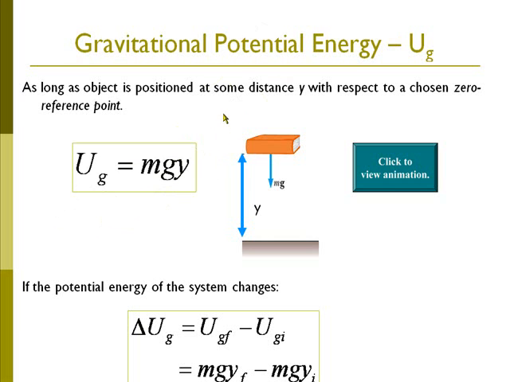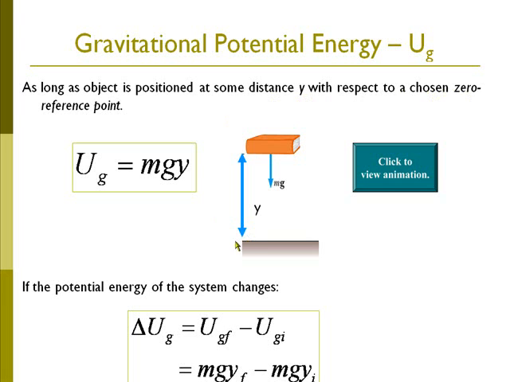Okay, well, let's meet our first conservative force, the force of gravity. And as such, when the force of gravity does work on an object, the object stores gravitational potential energy. But now we have to choose a reference point, a reference position about which we say the zero of potential energy exists.